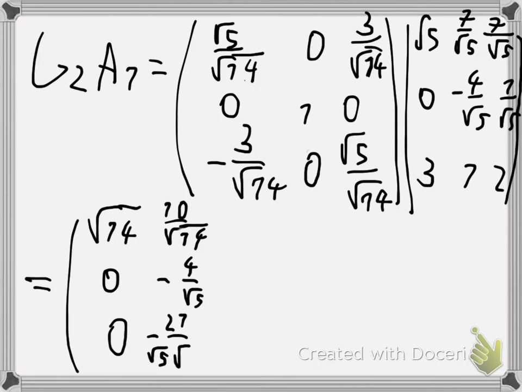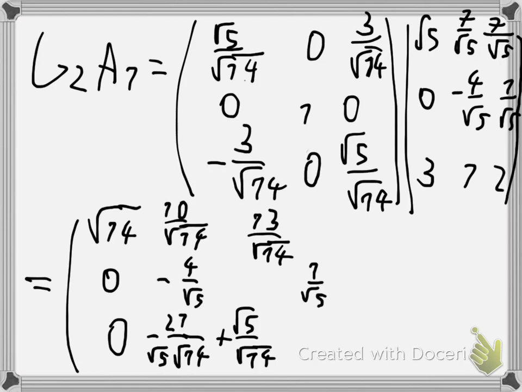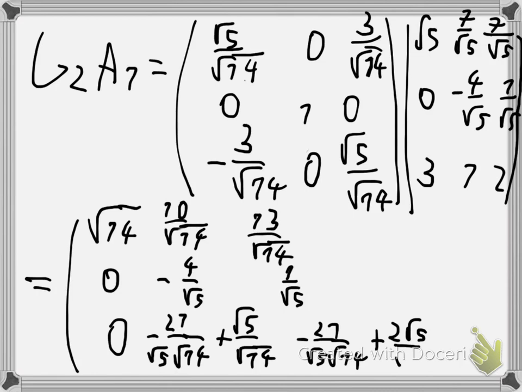Times square root of 5 times square root of 14 plus square root of 5 over square root of 14 and 13 over square root of 14, 1 over square root of 5, and negative 21 square root of 5 square root of 14 plus 2 times square root of 5 over square root of 14.